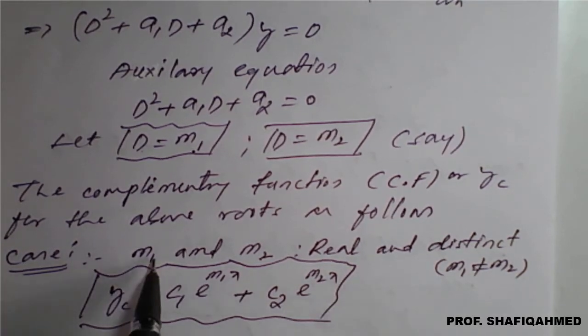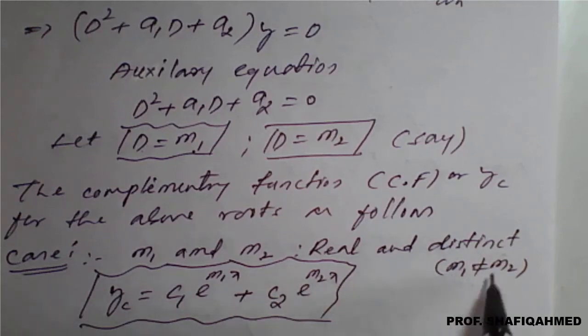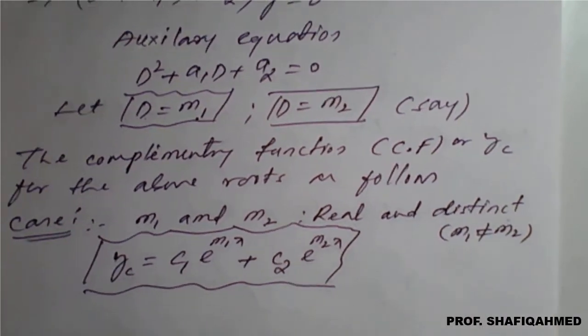So this is the condition when m1 and m2 are real and distinct. Distinct means m1 is not equal to m2. This is case number 1.